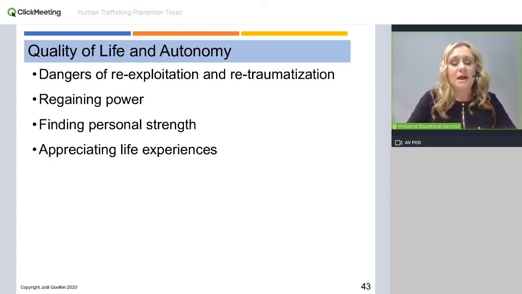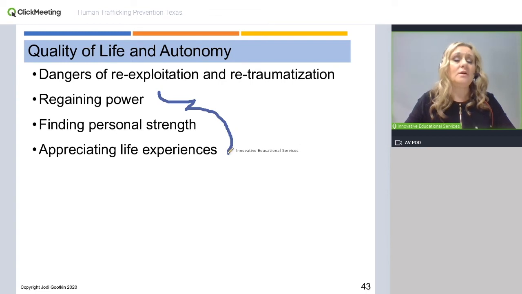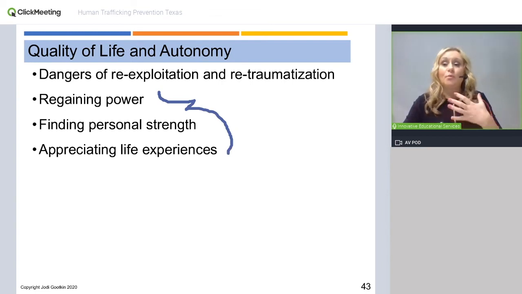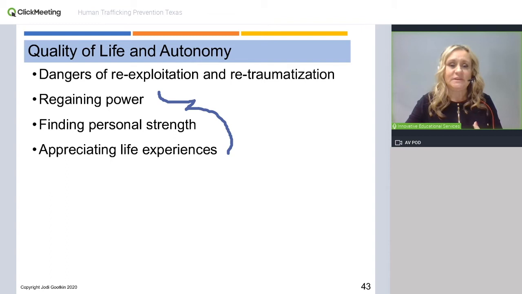Because mental health challenges seem to be dominant and persistent as a consequence of the trafficking situation, strategies need to be incorporated for the individual to regain power, find personal strength, appreciate that there are positive things in life, and know they do have a life to look forward to.